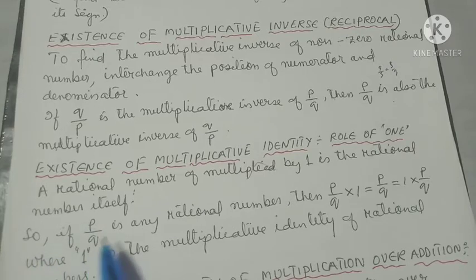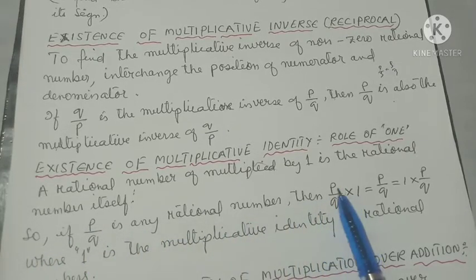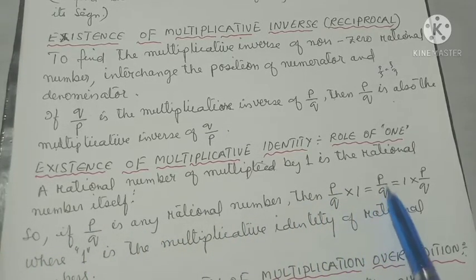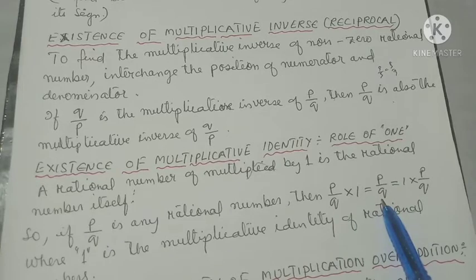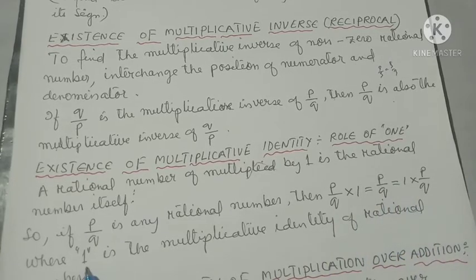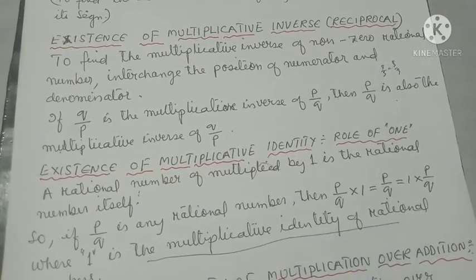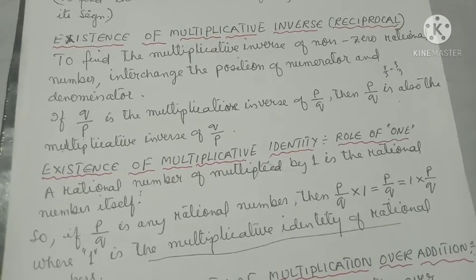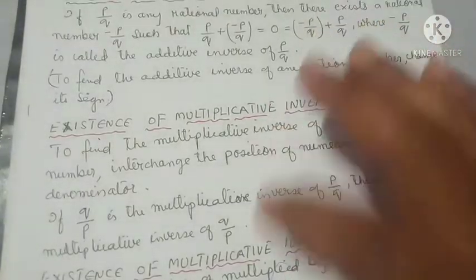So if p by q is any rational number, then p by q into 1 is always the number itself. So we say that 1 is the multiplicative identity of rational numbers. Understand? We call 1 the multiplicative identity of rational numbers.